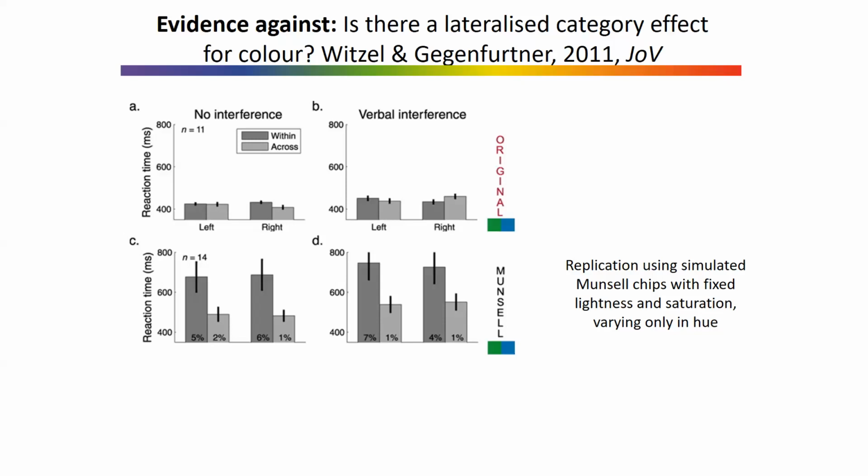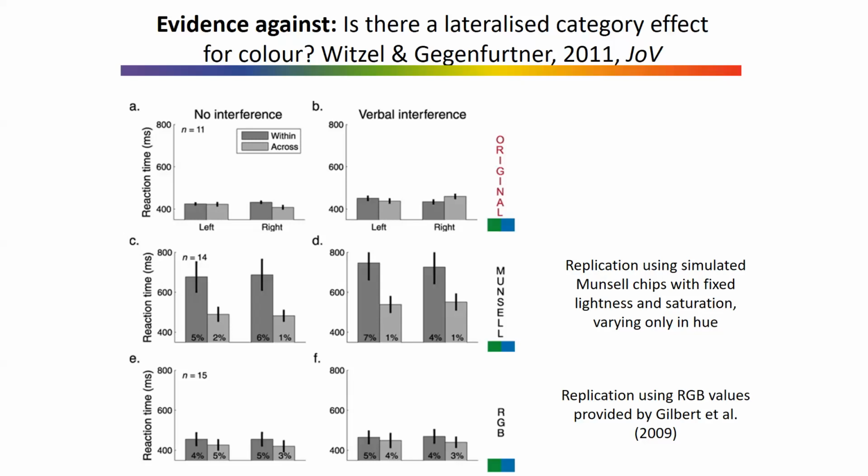So you can see that with the simulated Munsell chips, there is a big cross-boundary advantage that's actually present both in the left and the right visual field, and without and with verbal interference. Now, in a more exact replication, when they use the RGB values provided by Gilbert and colleagues, you can see again that the cross-category advantage is present in both the left and the right visual field.